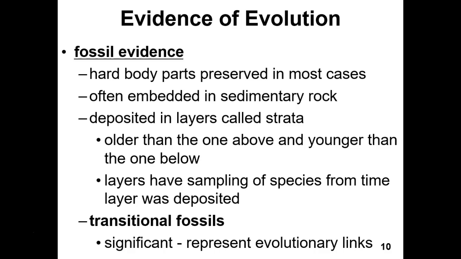We have transitional fossils that allow us to see links between older and newer organisms. The most common transitional fossil that we typically talk about, or the one that I know best, is called Archaeopteryx, which kind of brings the bird, the natural bird that we all know, and dinosaurs together.